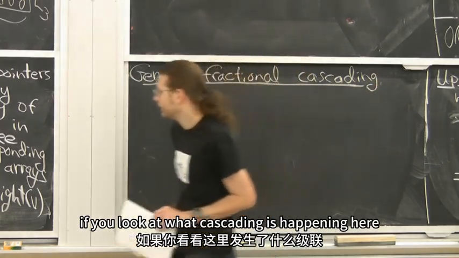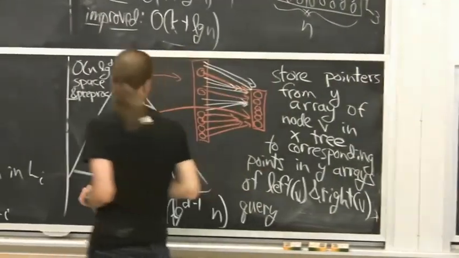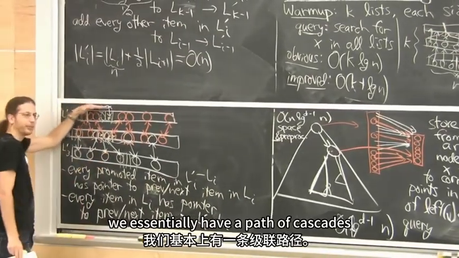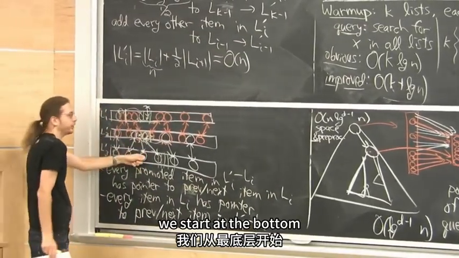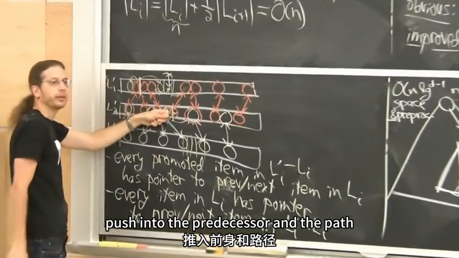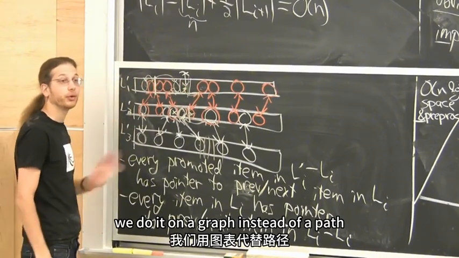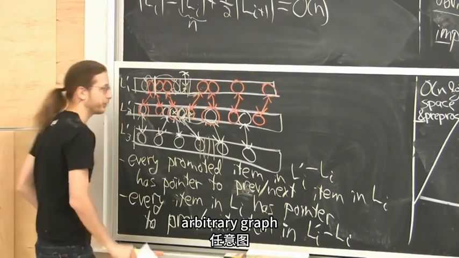If you look at what cascading is happening here, we essentially have a path of cascades. We start at the bottom, we push into the predecessor in the path, we push into the predecessor of the path. In the general case, we do it on a graph instead of a path, arbitrary graph.